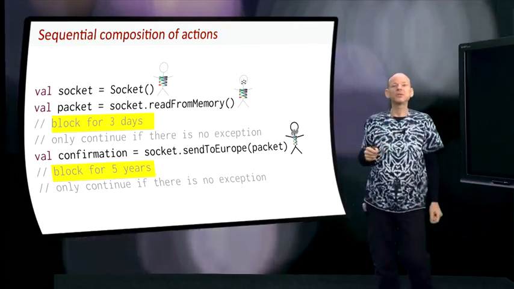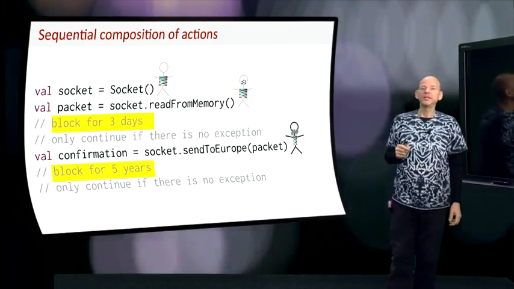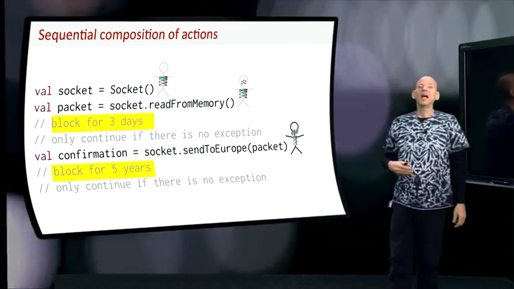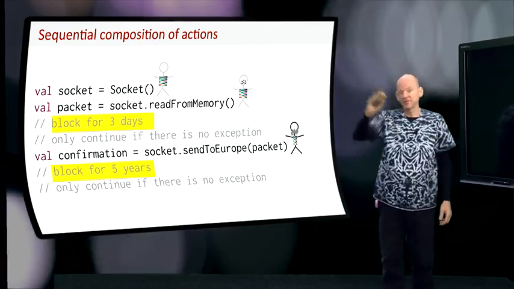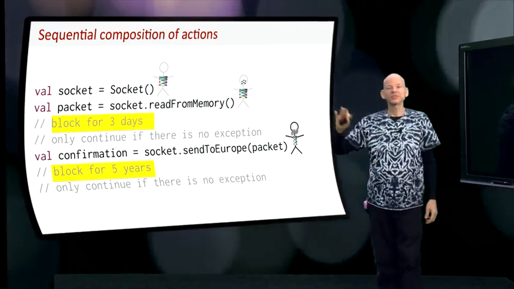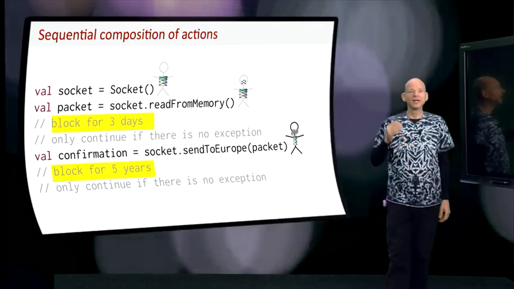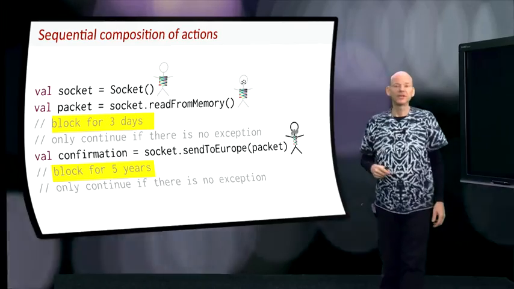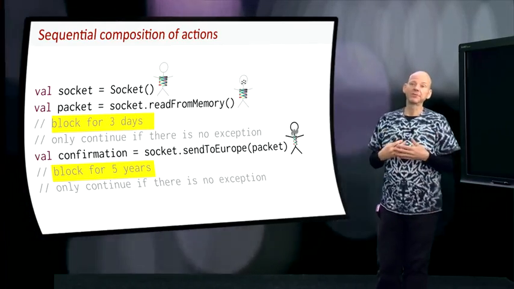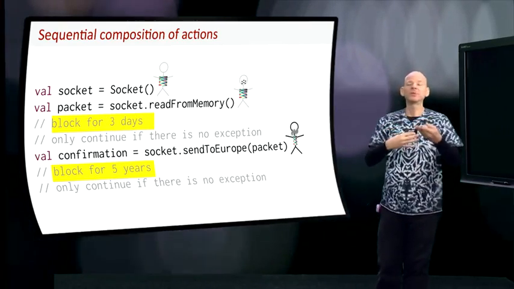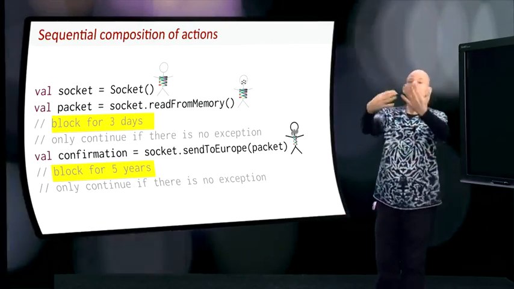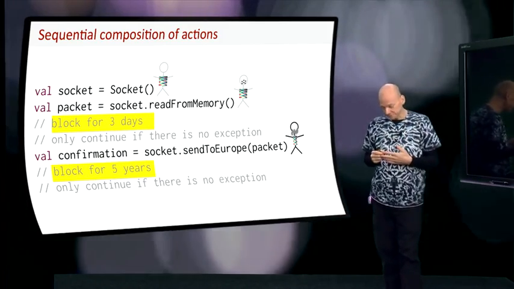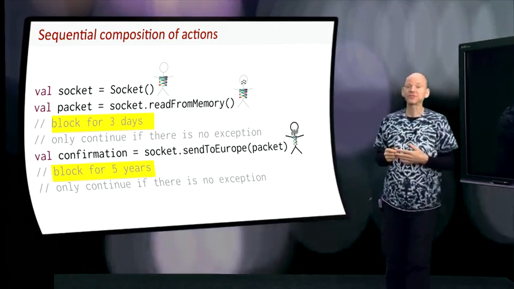Because we don't want reading from memory to block for 3 days, and then sending the packet to Europe and back to block for 5 years and only continue when there's no exception. Imagine that in real life you would ask a question to a person and it would take 5 years before you get an answer.